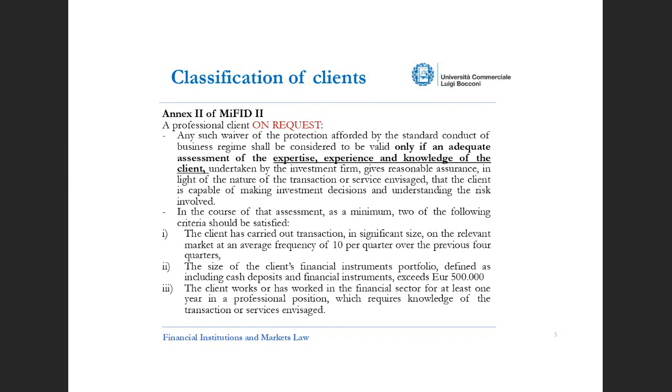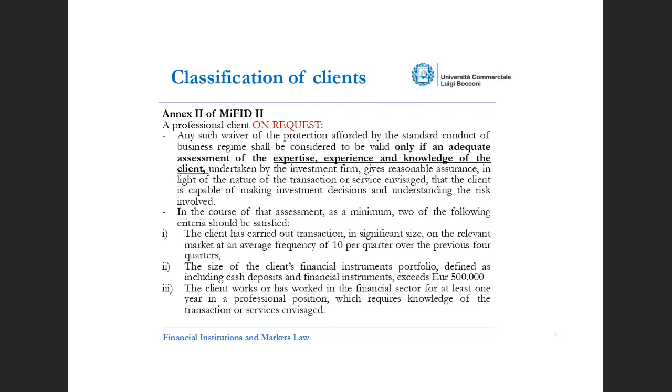There are basically two out of three quantitative criteria. The client needs to show that it has carried out at least 10 transactions per quarter over the past 12 months. And it must show that it has a portfolio of financial instruments of more than 500,000 euros.